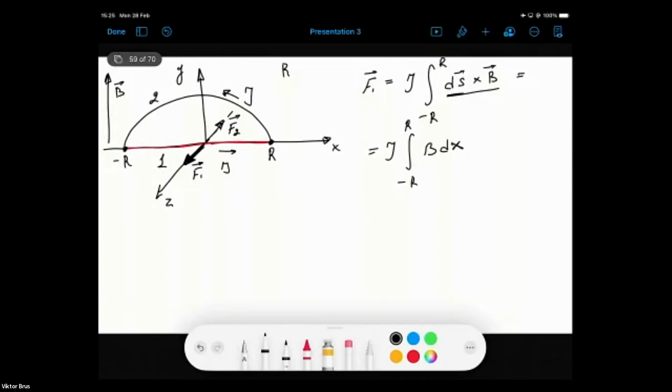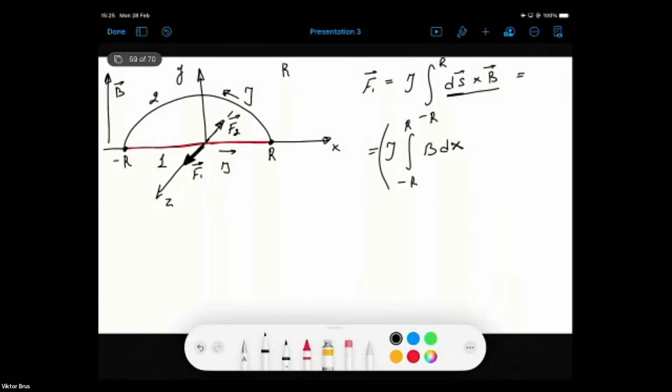So we can substitute ds with dx. Since they are perpendicular, sine 90 degrees will be unity. So we just operate only with absolute values, like magnitudes of these vectors.